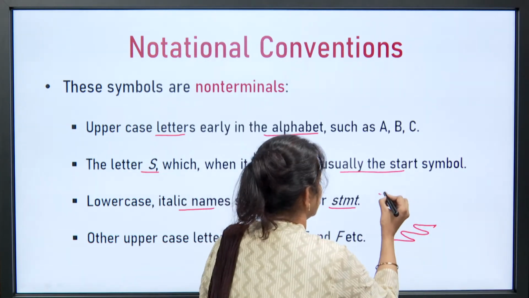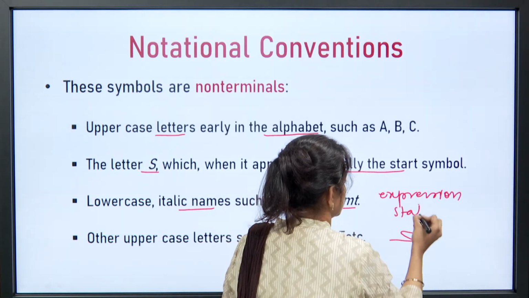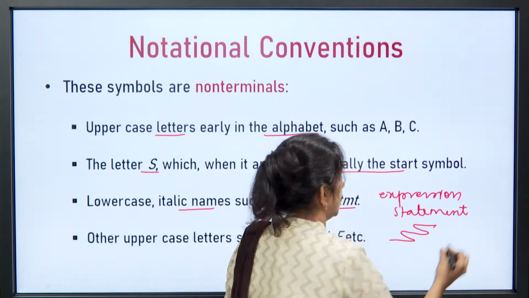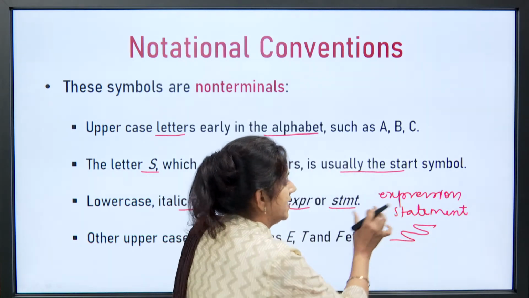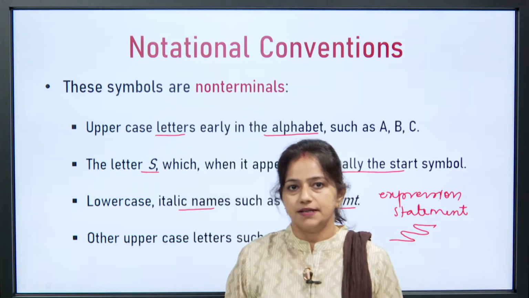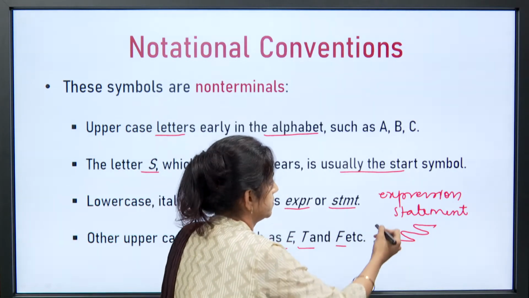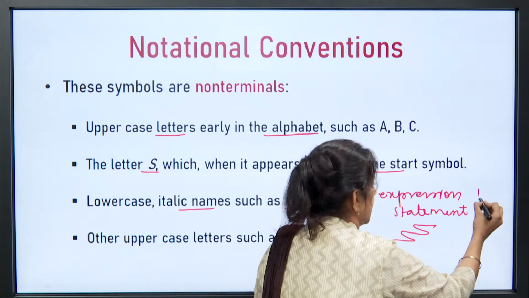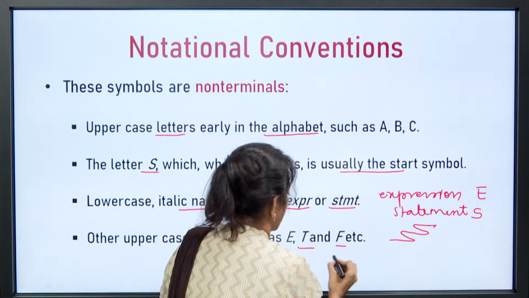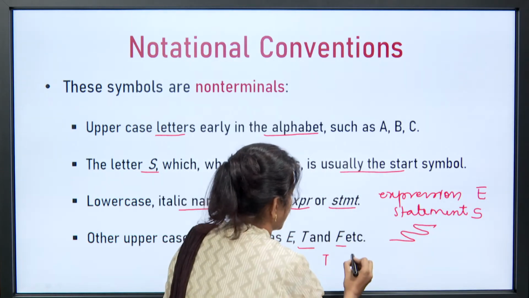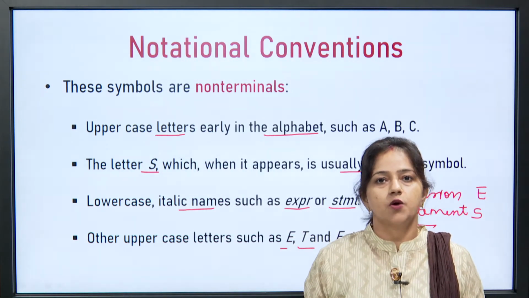We can write it like this also, expression or statement, but in italic and lowercase form. So, these strings can be treated as non-terminals. Similarly, uppercase letters like E, T, F: to denote expression we can use E, to denote a statement we can use S, to denote term we can use T, to denote factor we can use F. So, such uppercase letters can be used to denote the non-terminals.